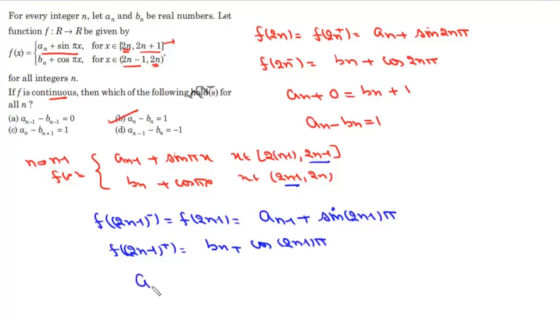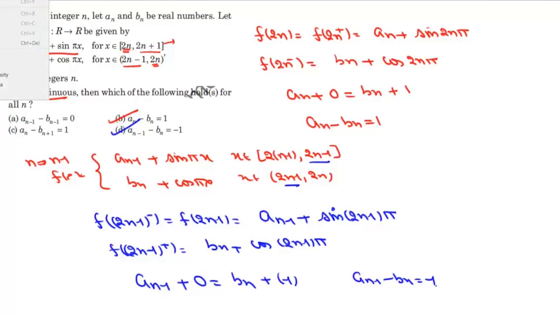Now this is an minus 1. Now sine 2n minus 1 pi is 0. This is bn, and cos 2n minus 1 pi is cos pi, which is minus 1. So it will be an minus 1 minus bn. It must be equal to minus 1, and that's your option D. So the answer to this question is options B and D.